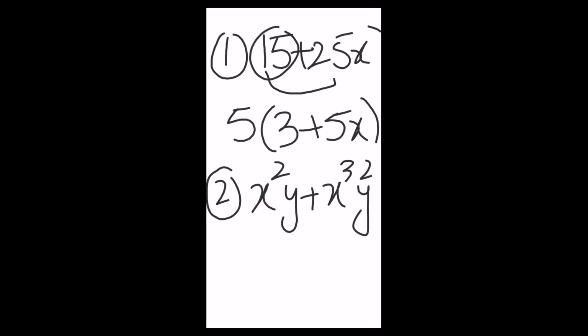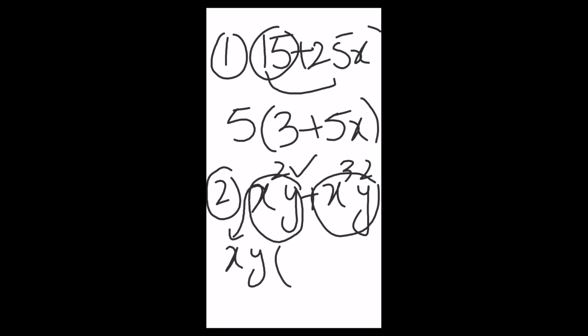So I know that I can take 1xy from here and 1xy from here as well. Got it? So if I write xy, what I have done, see from this expression, 1x has been taken outside as common and y is already written outside. So what is left? Only this expression.